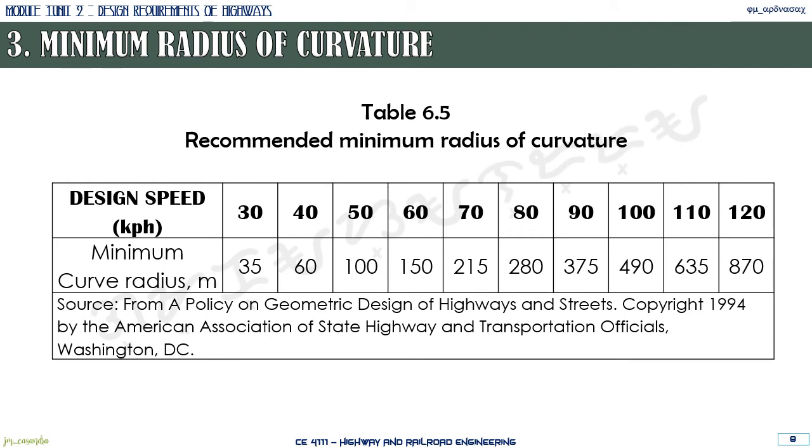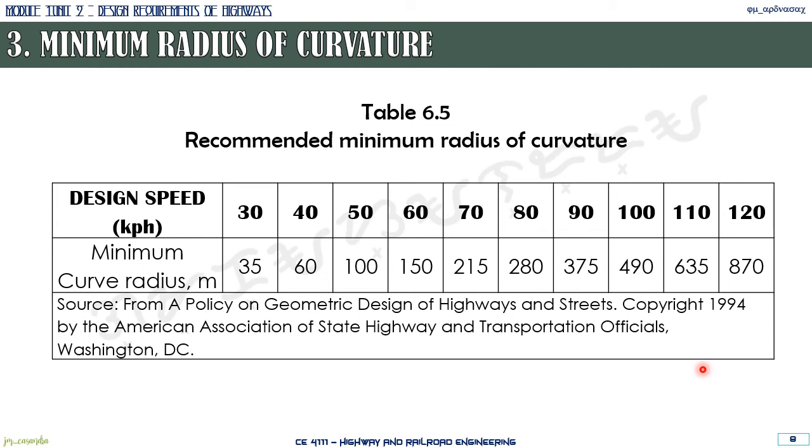Next, we have table 6.5, which is the recommended minimum radius of curvature for different design speeds. Likewise, this is taken from the 1994 edition of the AASHTO guidelines for geometric design of highways.